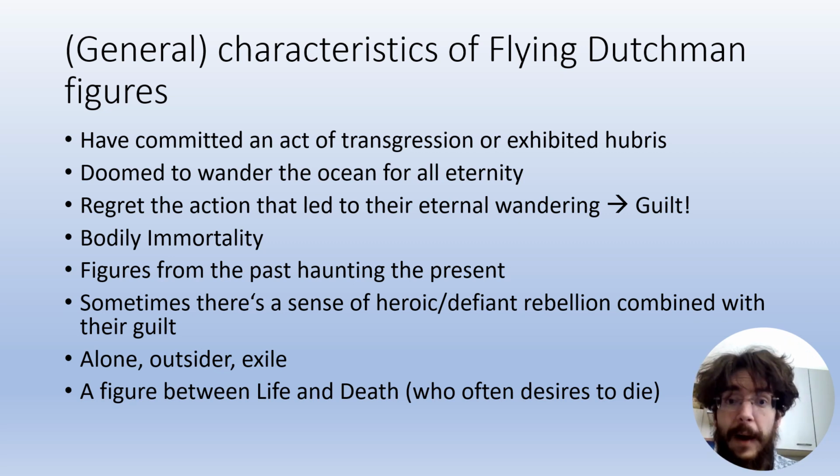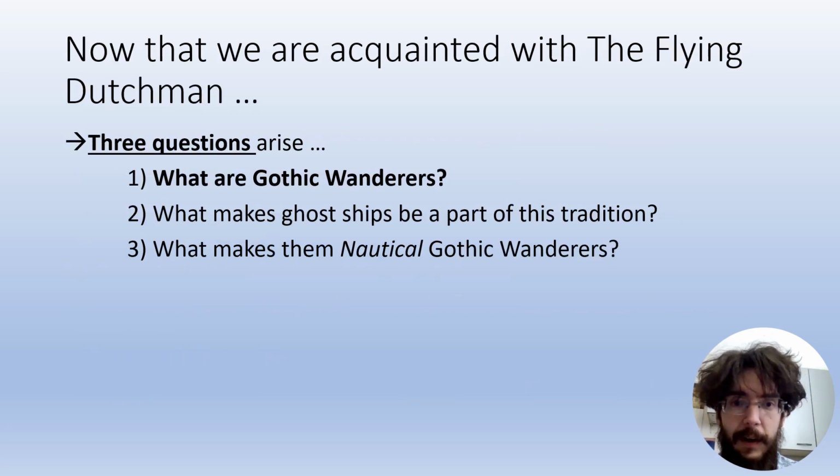It's a figure from the past haunting the present, of course, like most ghosts. Sometimes there's a sense of heroic or defiant rebellion combined with the Dutchman's guilt, even though that's often rather quickly overshadowed by the guilt.